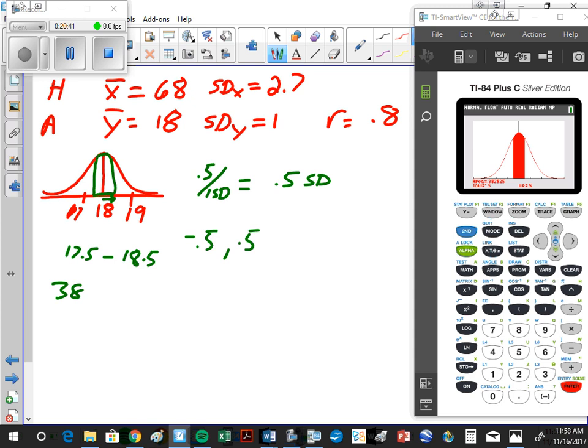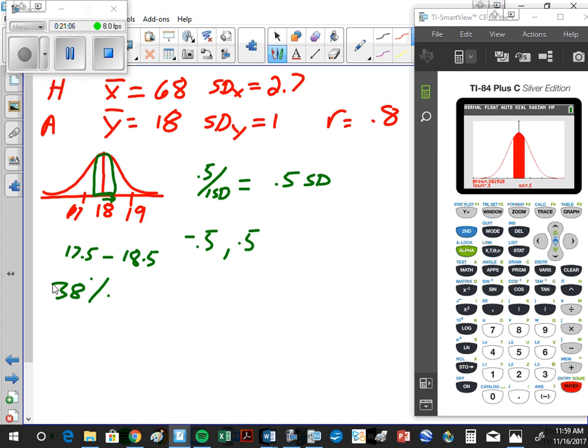So 38% of the men ended up with an 18-inch forearm. Okay, and you see why that's higher than half of 68? If that box was rectangular, then we could cut it in half, but it's not. What's that? No, this one's not more accurate. It will be once we limit the x values.